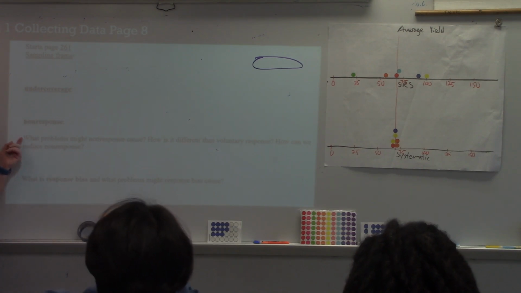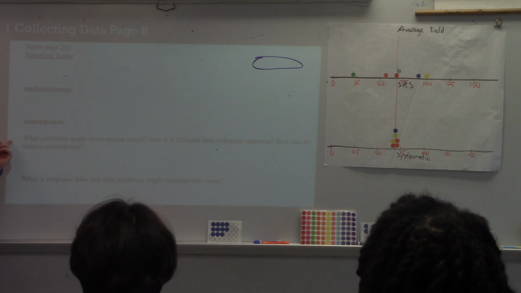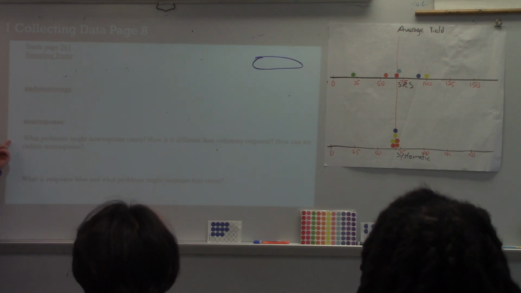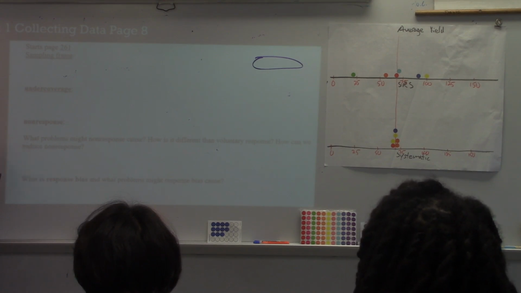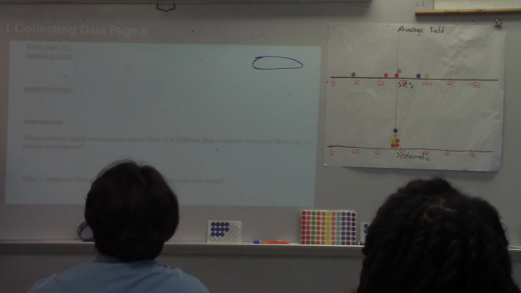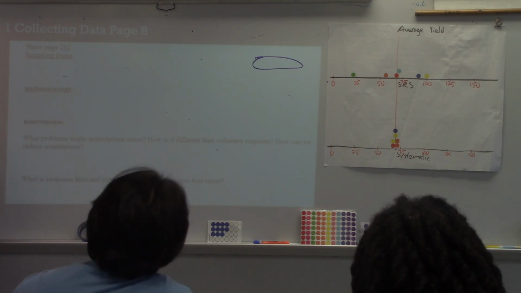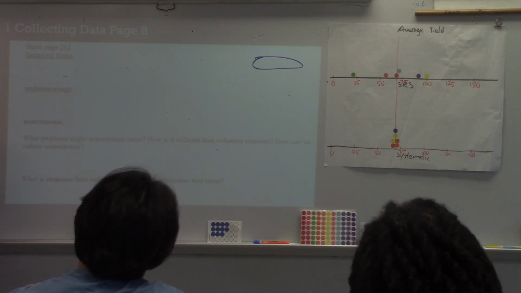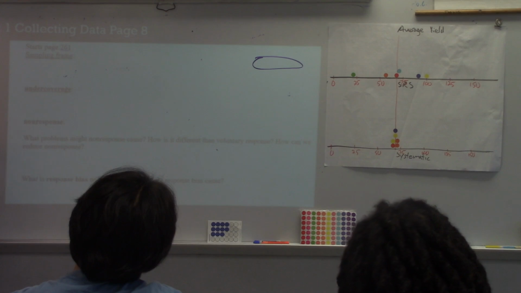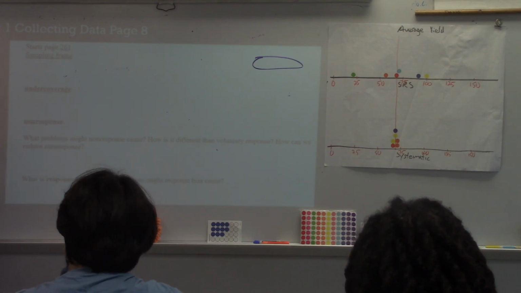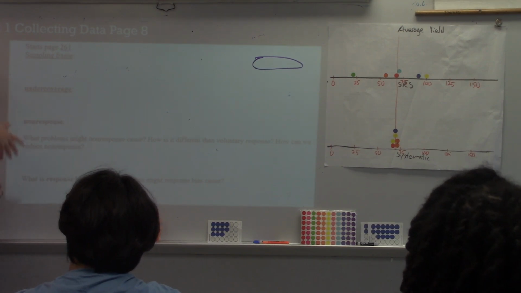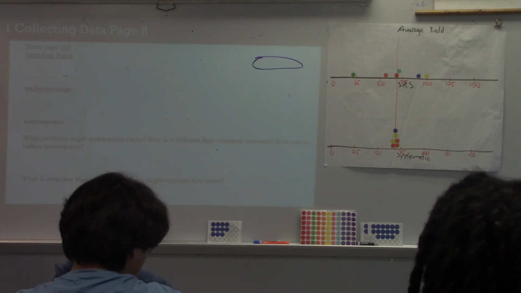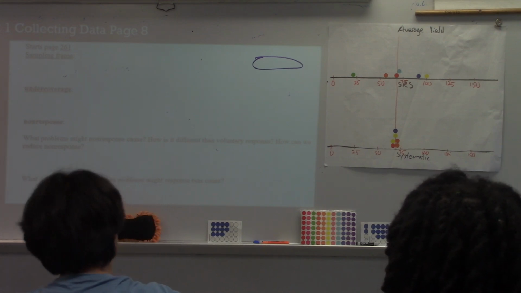Okay. What problems might non-response cause? Let's make sure we address this. It always has something to do with bias. But going back to that case with the congresswoman who had people writing in about how they felt about some new law, I know that was voluntary response, and we'll talk about that more in a second.